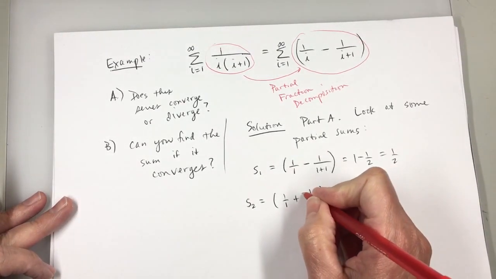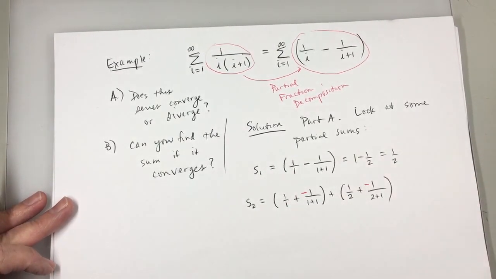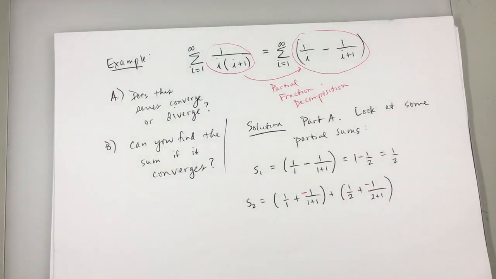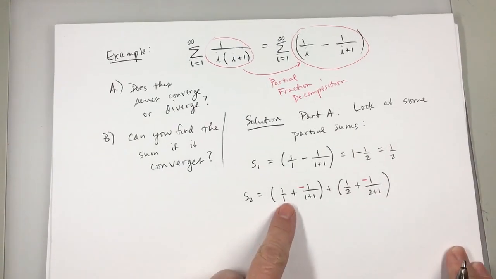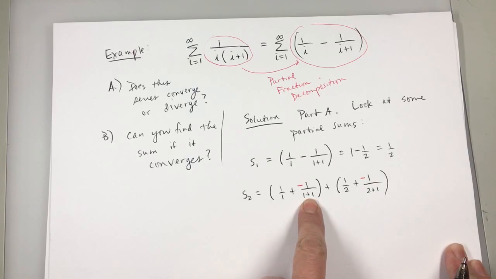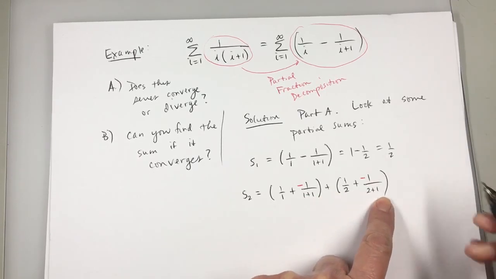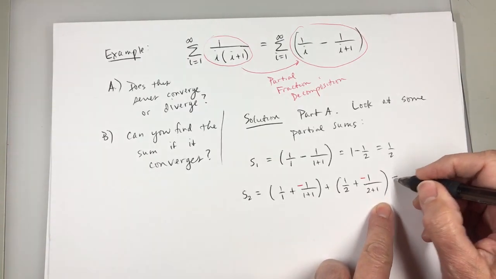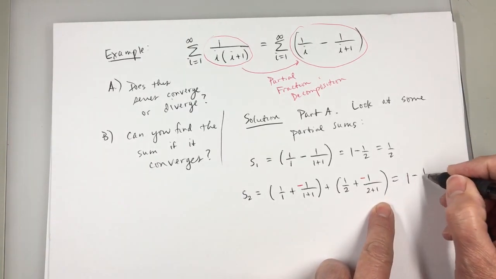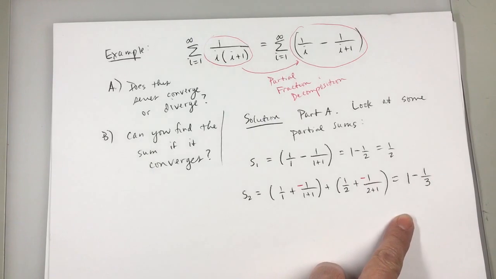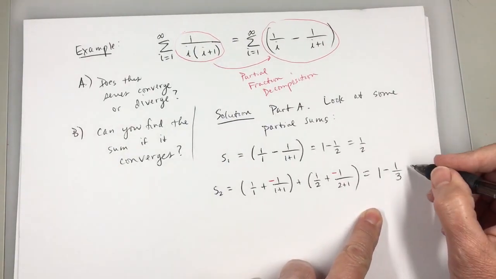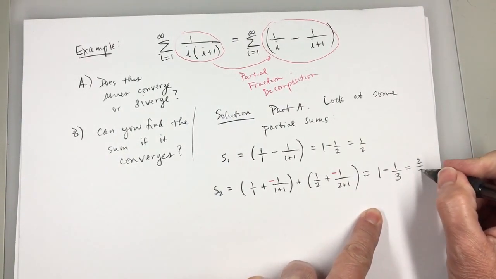Let's just put a negative right there. All right, that takes care of that. So 1 minus 1 over 2 plus 1/2 minus 1 over 3. That becomes 1 minus 1/3, so that would be 2/3.